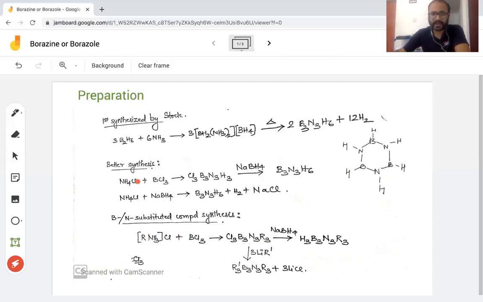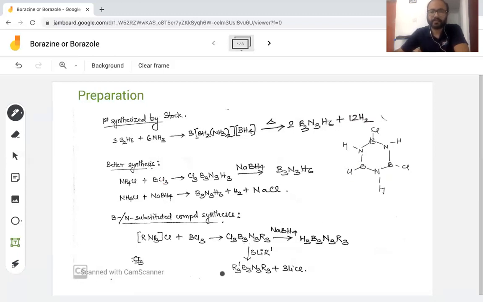I'll draw that because I think you will not understand it without showing it. First, with this synthesis, you get a trichloro substituted Borazine. When you get this, you can substitute the chlorine with the alkyl group by treatment with the Grignard reagent.